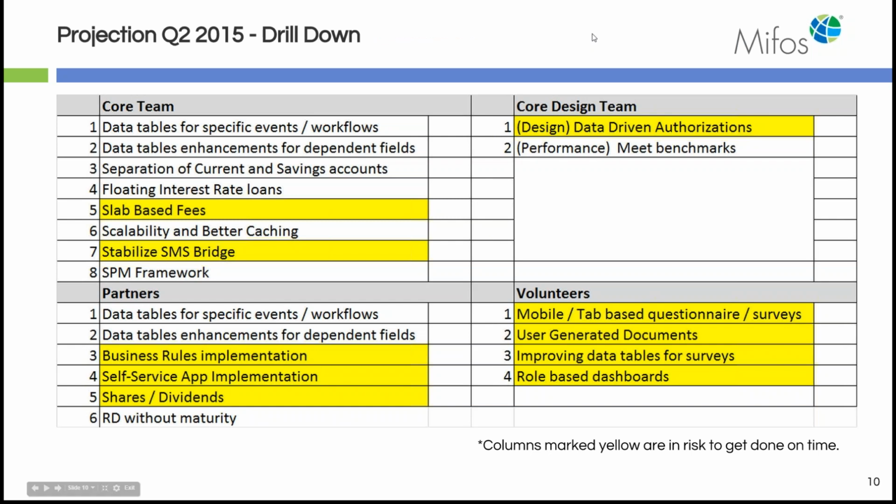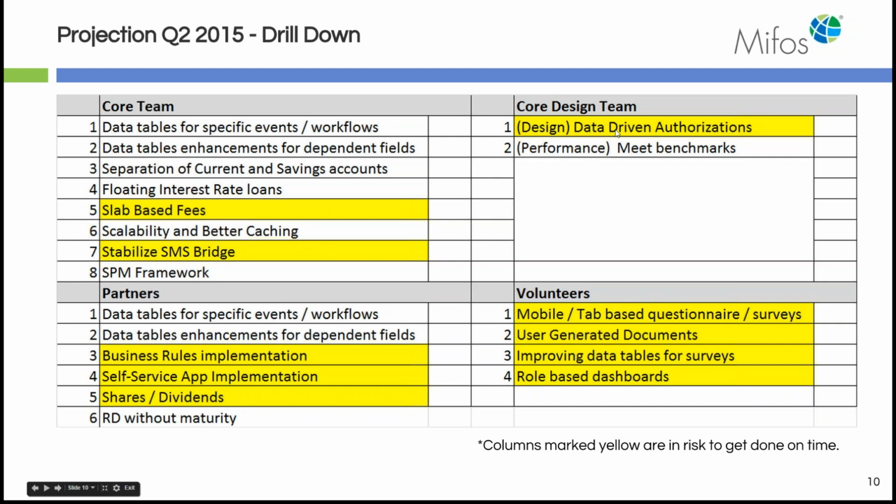Scalability and better caching is, as mentioned, the work for enhancing performance. And then we start working on a social performance management framework, which will allow you to create surveys and also introduce PPI in its full featured set, including all country surveys.